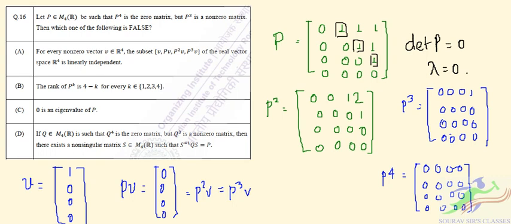So if Q belongs to the 4 by 4 matrices such that Q4 is the 0 matrix and Q3 is a non-zero matrix, we have the condition over here.